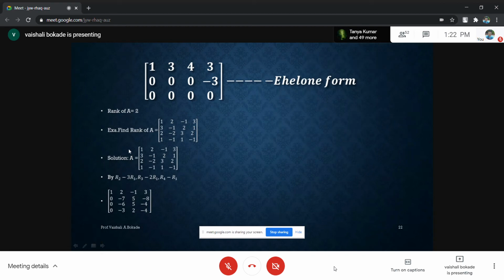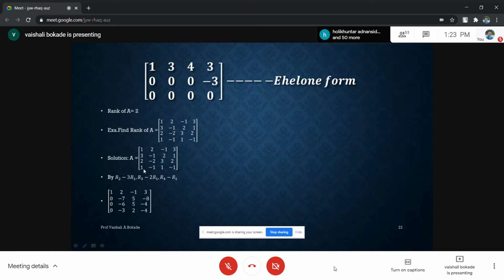I hope similar rules were there for getting A inverse by row transformation. The same rule we're using here. Then I am using R3 minus 2 R1 for converting the element at the 3 1 place to 0.